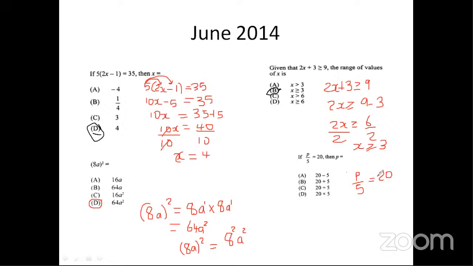Now in this case where you have an equal sign between two fractions, or a fraction and a whole number, you cross multiply. Of course, the whole number is over 1, so you can do that. So you have p is equal to 20 multiplied by 5. So your answer here is D.